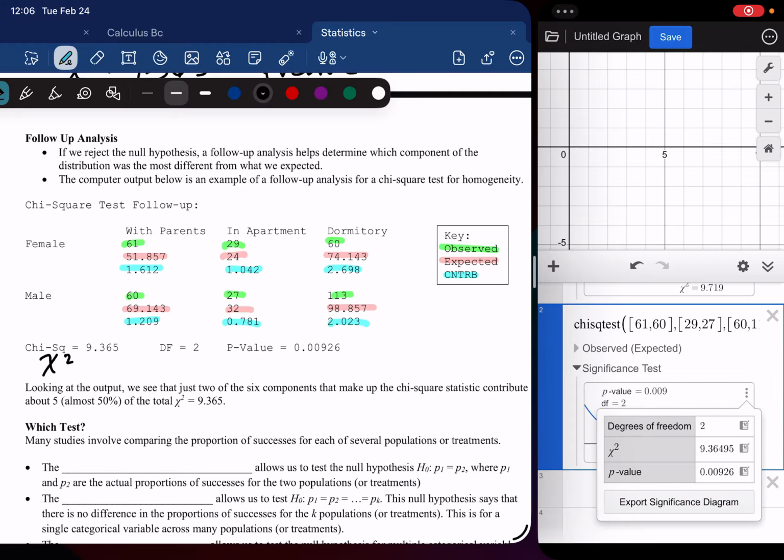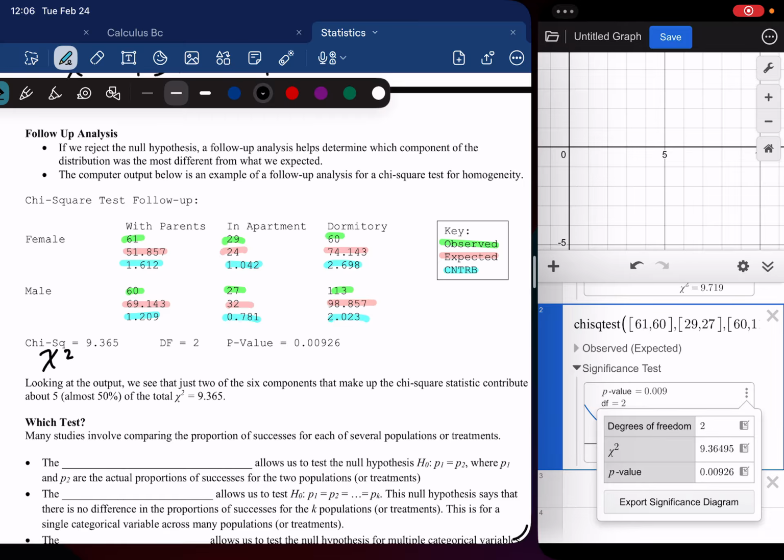Typically, looking at this computer output, they're going to ask you about the contributions. So the contributions here are what I highlighted in blue. And they're going to ask you pretty much which ones have the highest contribution. So looking at our computer output, which two have the highest? Good. Dorms for both male and female.